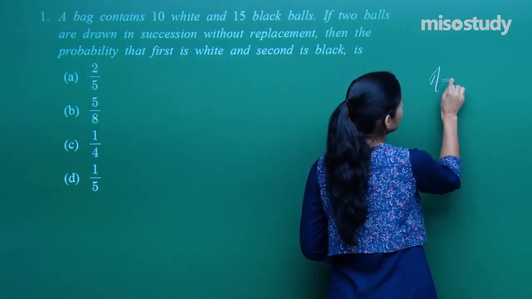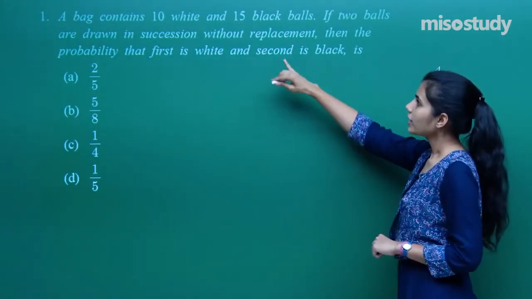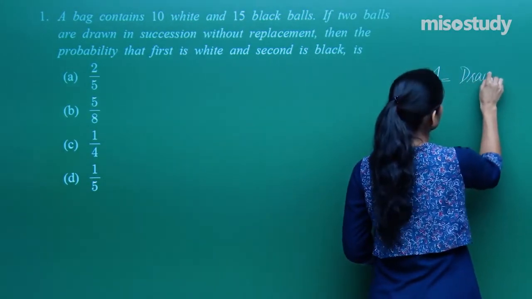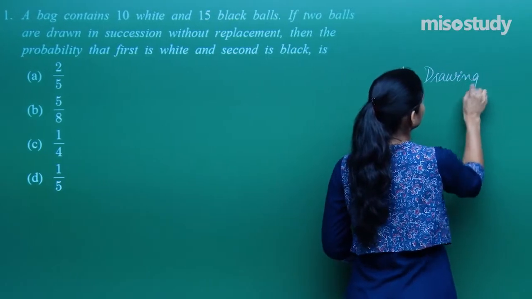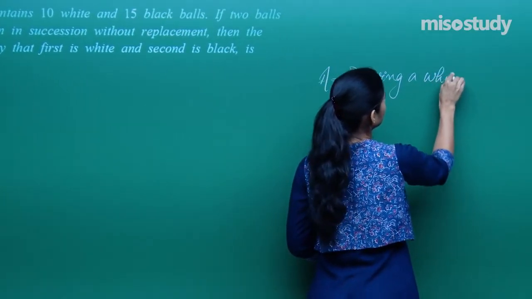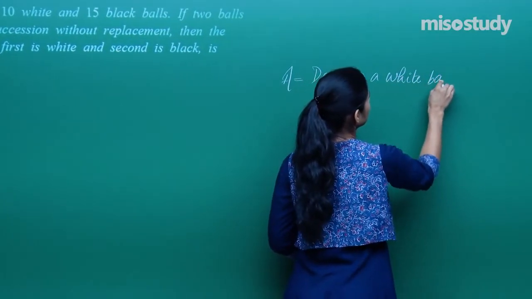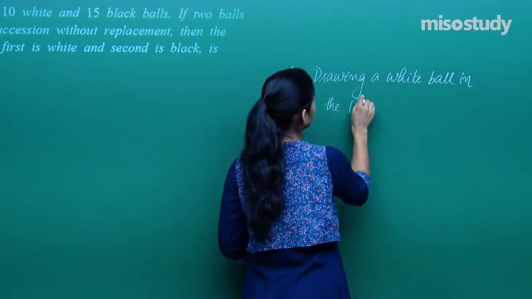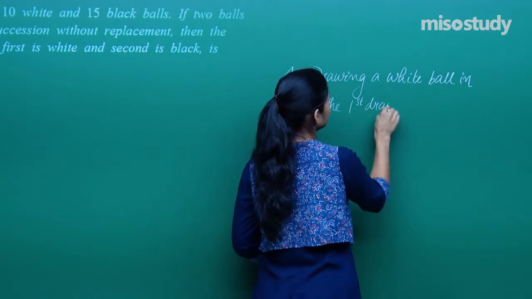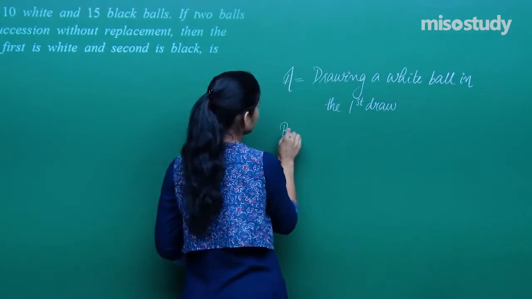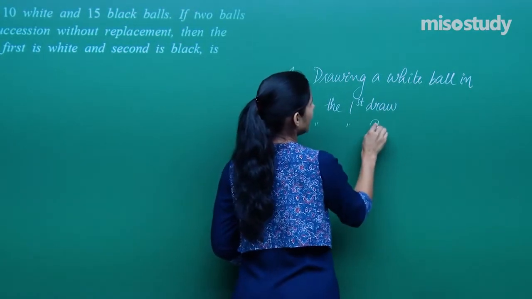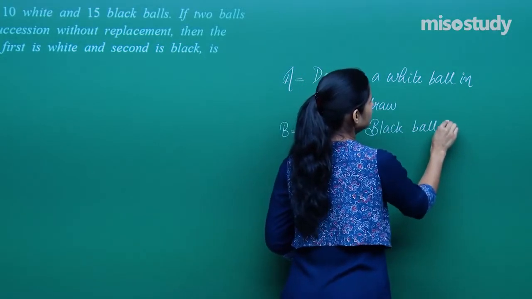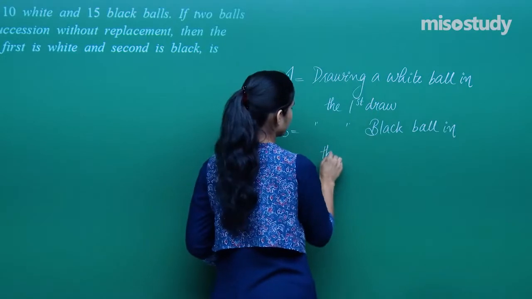If you consider two events, A is drawing a white ball in the first draw. Fine. And B is drawing a black ball in the second draw.